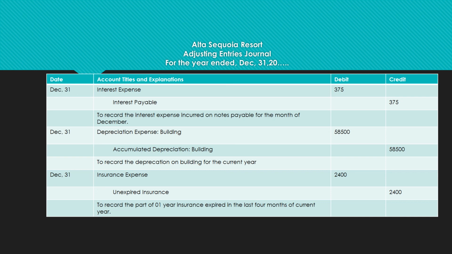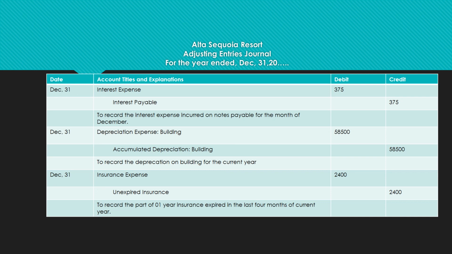So first title will be insurance expense debit 2,400, and as unexpired insurance is an asset, it is decreased. 4-month unexpired insurance is expired, so asset is decreased, and decrease in assets is recorded by credit. So we will credit unexpired insurance 2,400.